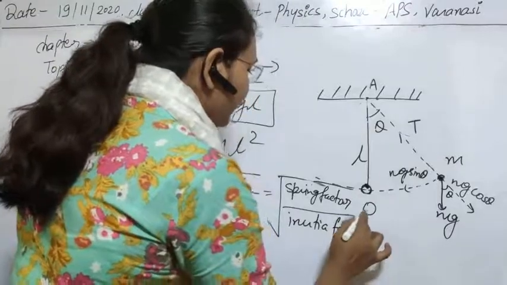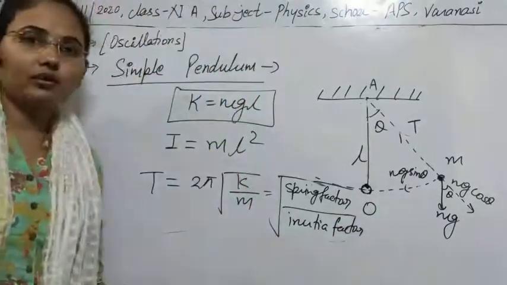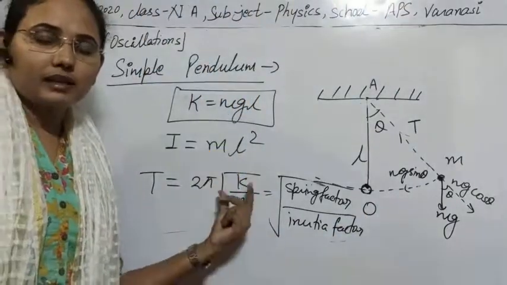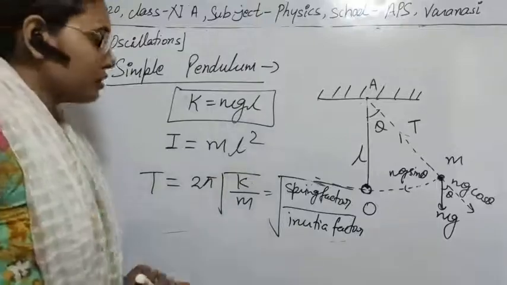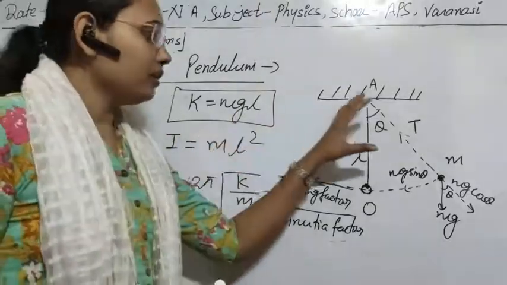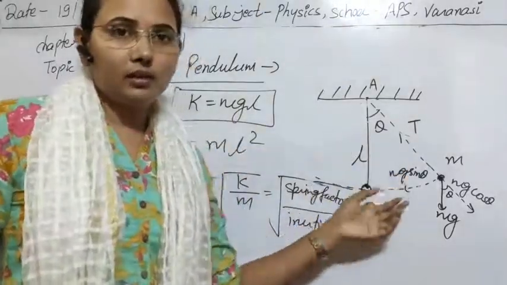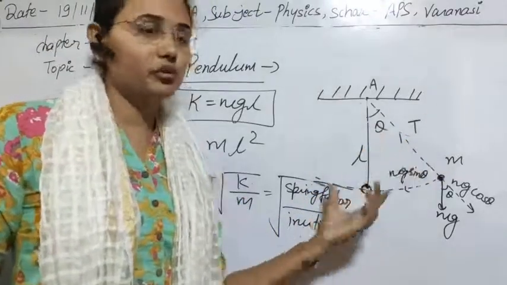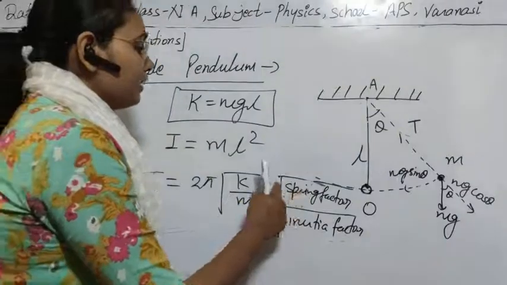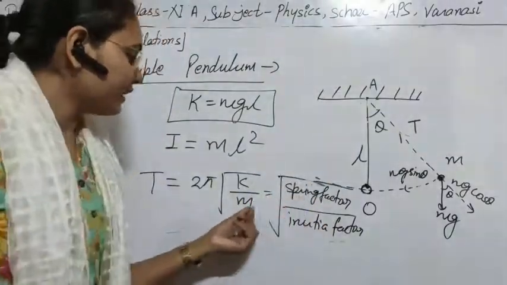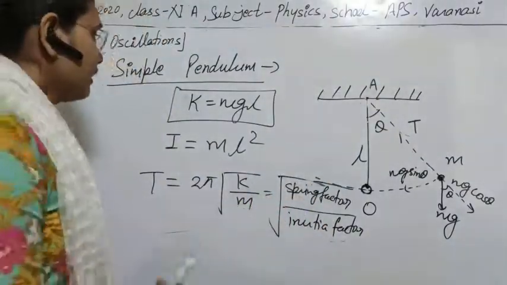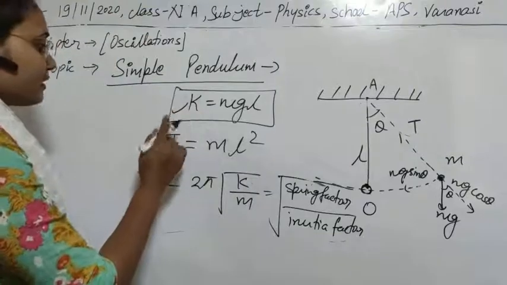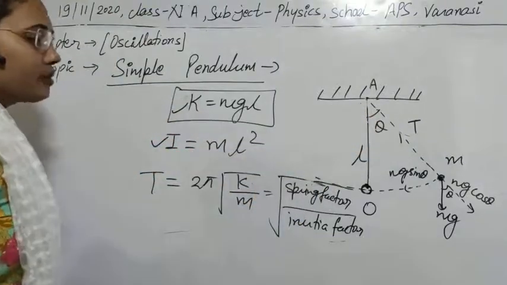As you know, inertia plays the same role in angular motion as mass plays in linear motion. As the simple pendulum is performing angular motion, k will be the spring factor, and m will be the inertia factor. These we have calculated for the simple pendulum.